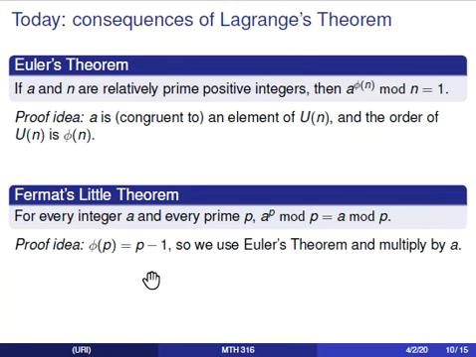What we notice is that the number of things that are less than that prime p that are relatively prime to it are p minus 1. All the numbers 1 through p minus 1 are relatively prime to p. And so the previous statement would tell us that a raised to p minus 1 would be congruent to 1 modulo p. If I took that a raised to the p minus 1 and I just multiplied both sides of this congruence by a, I'd end up with this expression there.